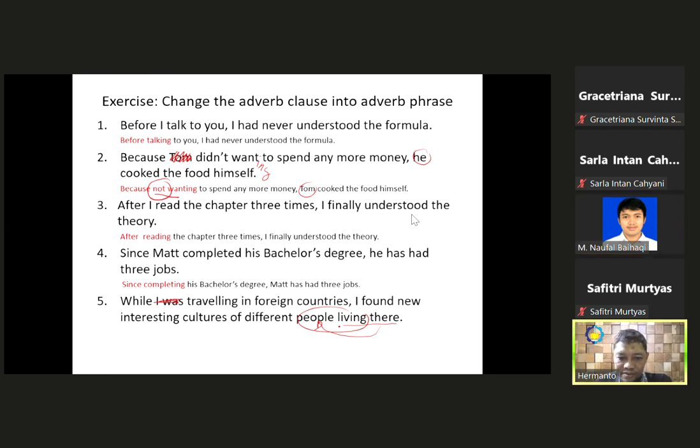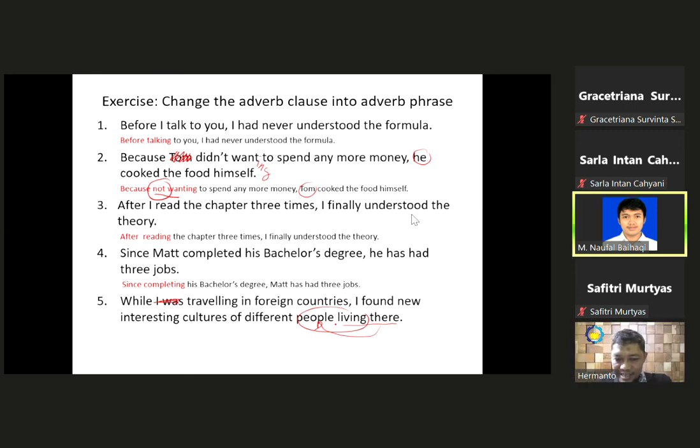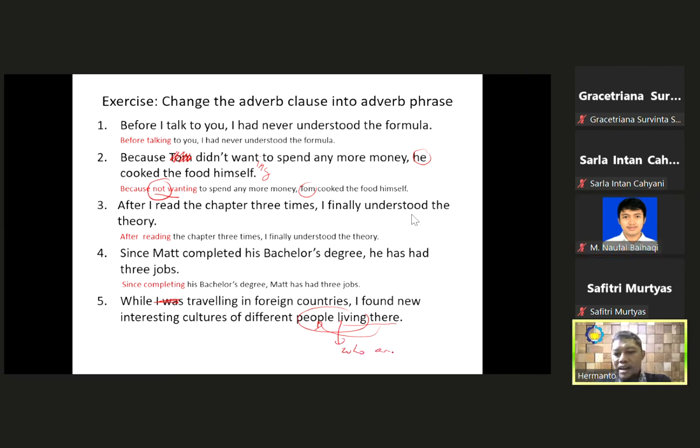Yeah, who? People who are living there. Okay, who are living there or people who live there. Interesting cultures of different people who live there. Yeah, it's much better.